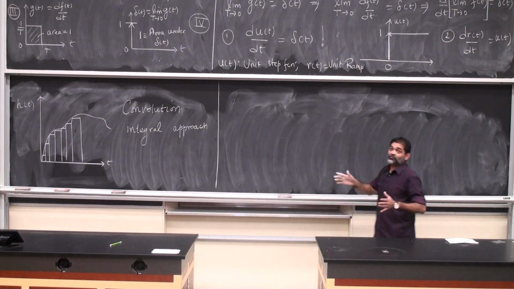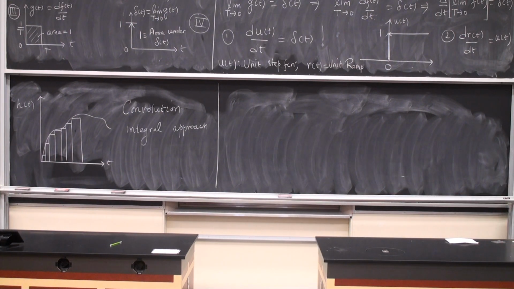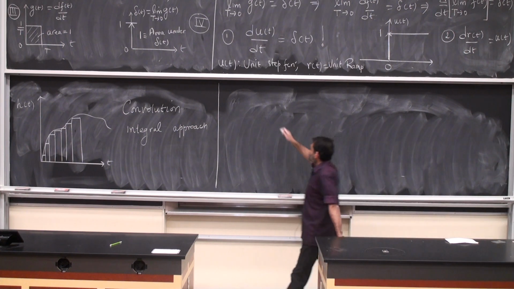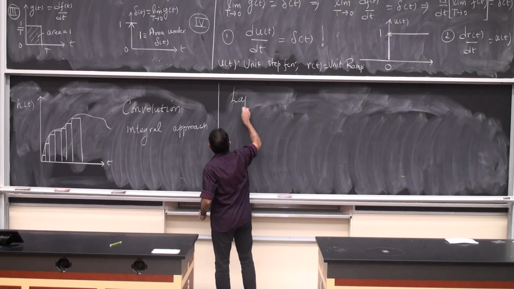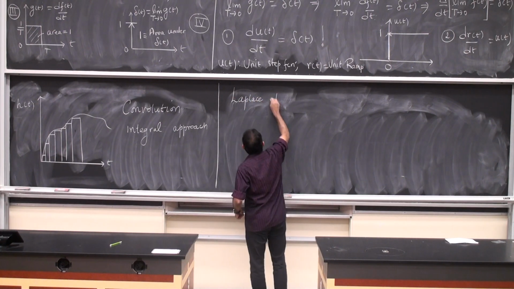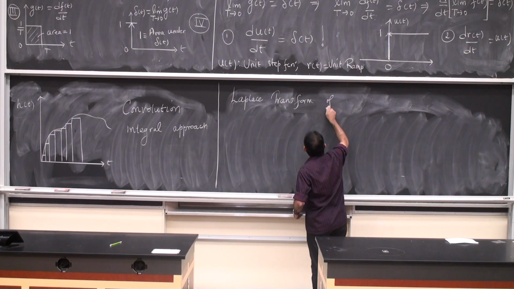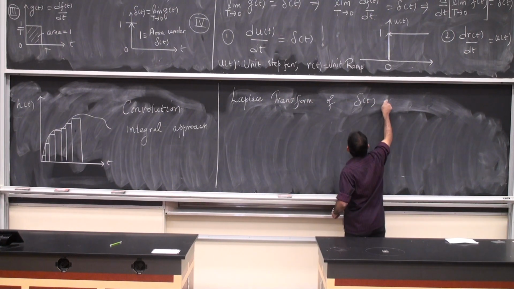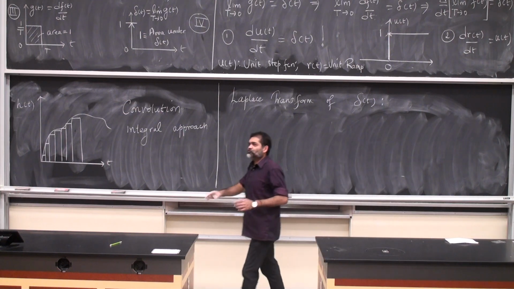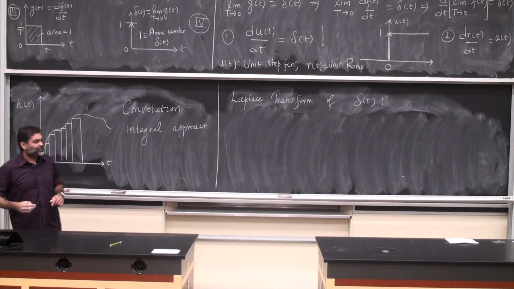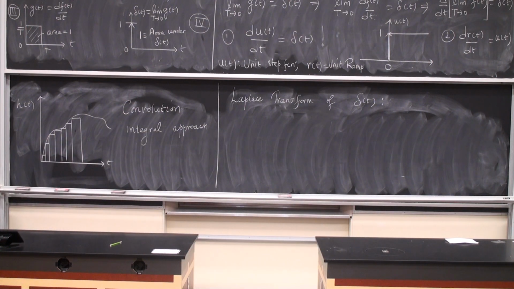So we've defined the impulse function. We've come up with some fundamental equations that help us understand the impulse function. What's the Laplace transform of the impulse function? There are millions of ways of doing this. Here is the easiest way.